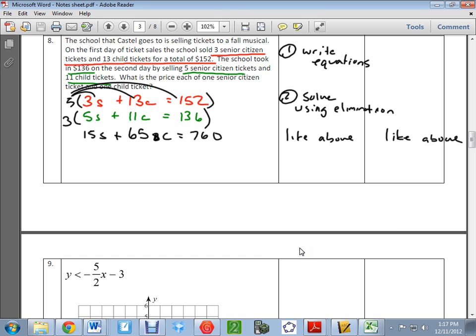Then we do the same thing: 3 times 5 is 15s, plus 33c, equals 408.